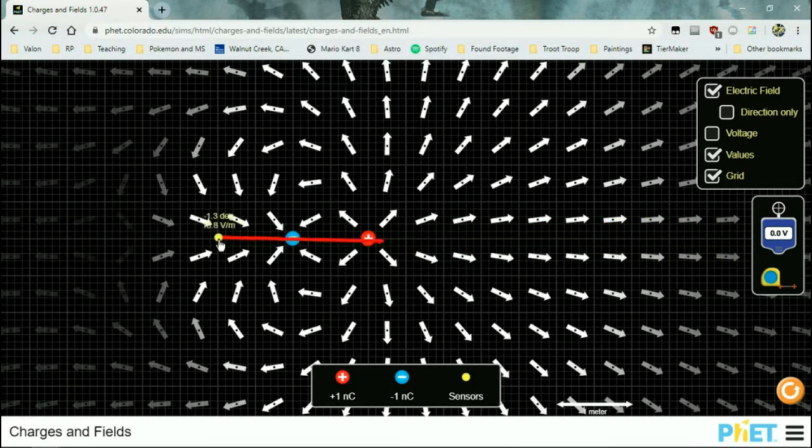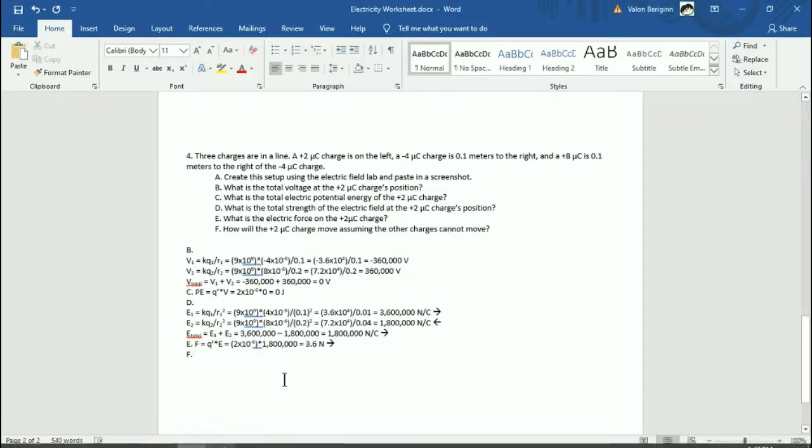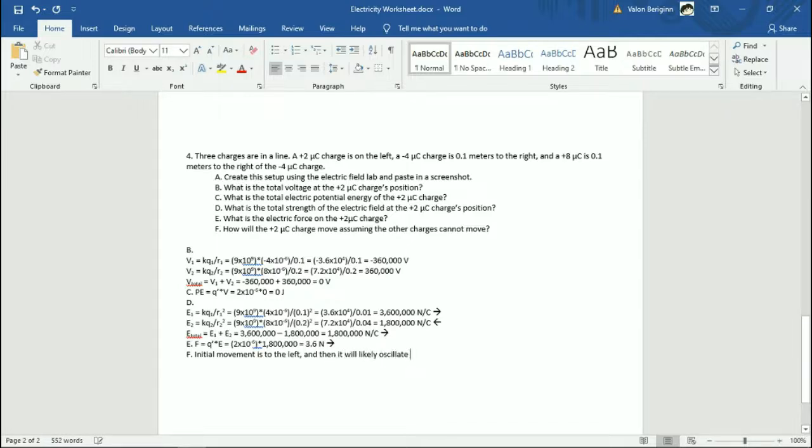So it depends on how you want to describe it, how specific you want to go. If you want to just say initial movement is to the left, and then it will likely oscillate asymmetrically. There's no S in asymmetrical. There's two M's though. Yeah, asymmetrically.